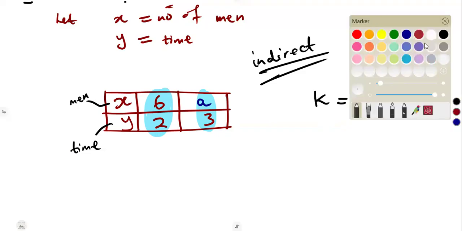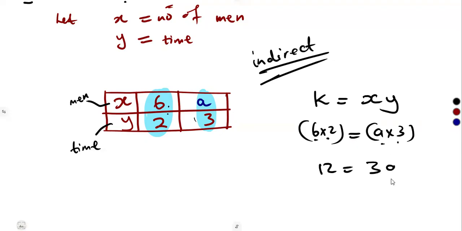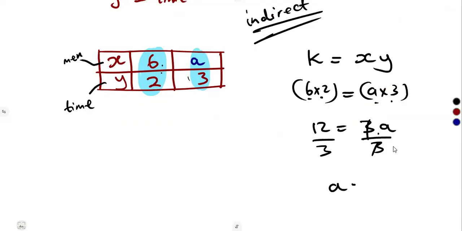All right, so let's quickly solve this one. 6 times 2 must be equal to A times 3, which is 3A. 6 times 2, that's 12, is equal to 3A. Divide by 3 to get the value of A. So A is equal to 12 divided by 3, which is 4.